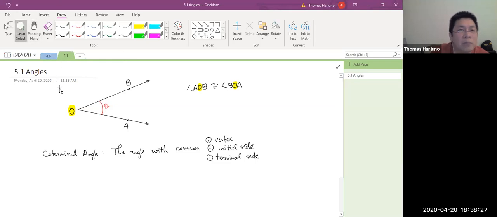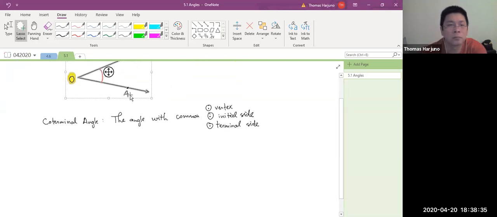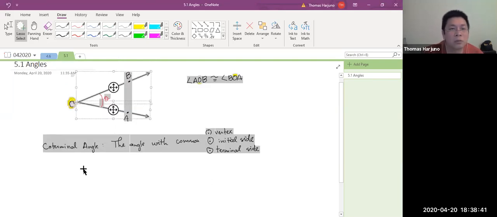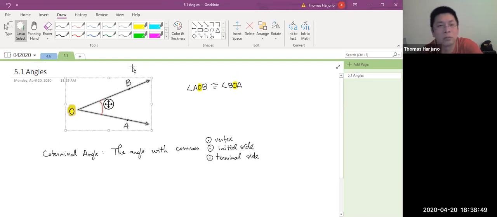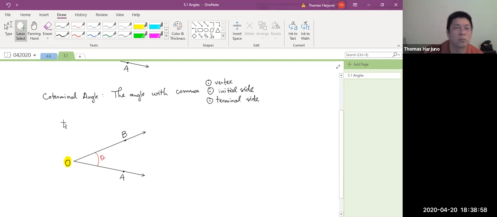Let's say, for example, I grab these angles here. Now, what do we mean by coterminal angle? Let's say this is angle alpha.